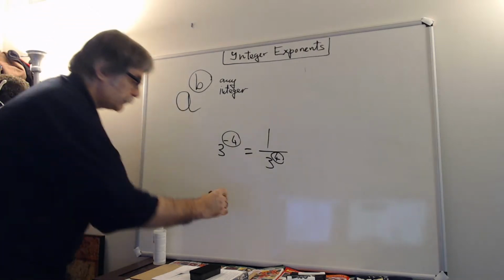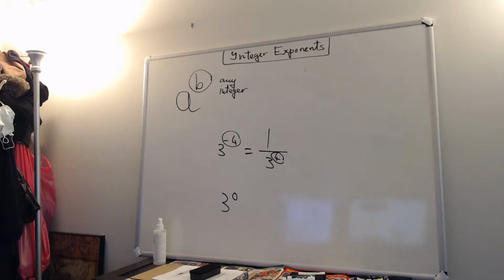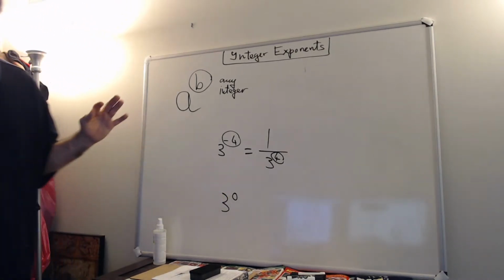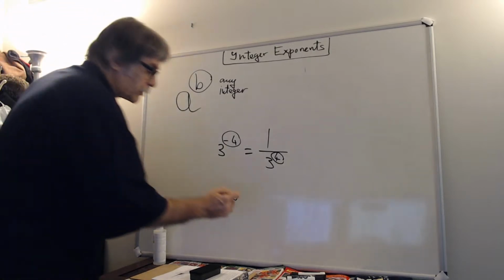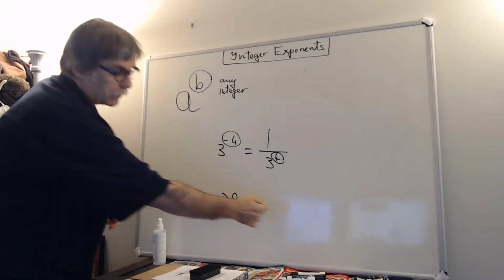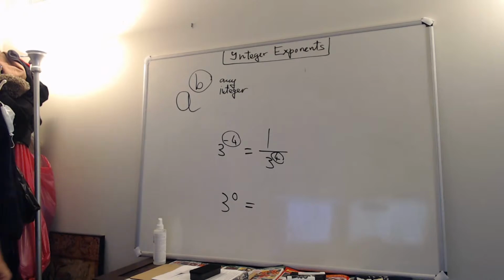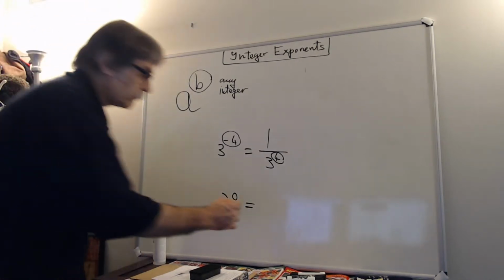We also have the possibility to have a 0. So you can have a 0 for the exponent. Now, when we have something like that, we're just going to declare this to be, so now you have to write the base 0 times, right? And you have to multiply that 0 times. So you can say, I don't have anything here. Well, you do have that 1.